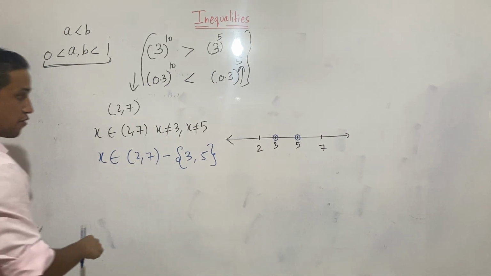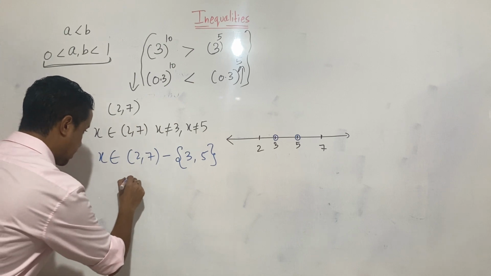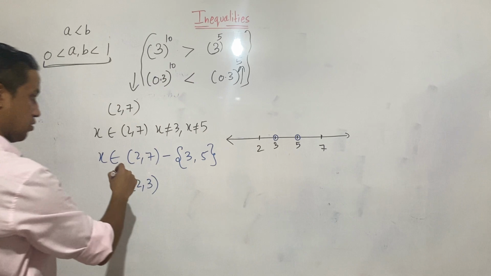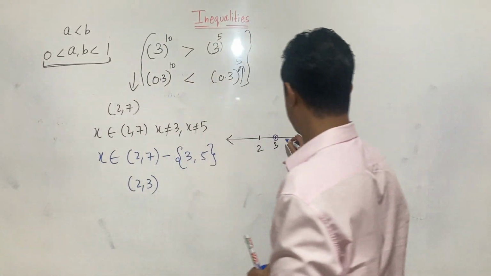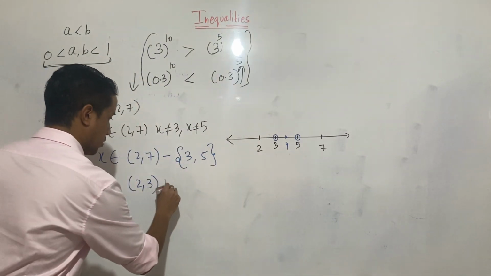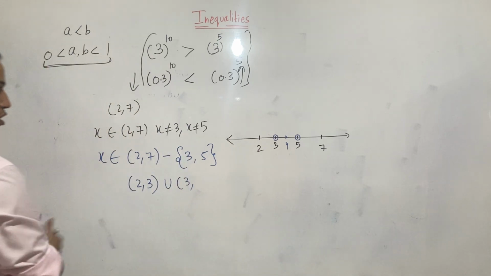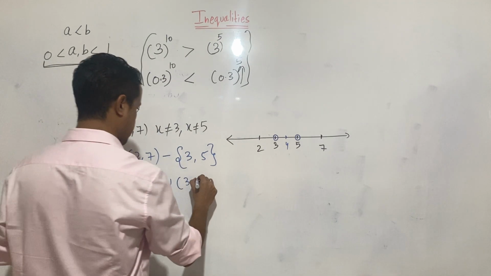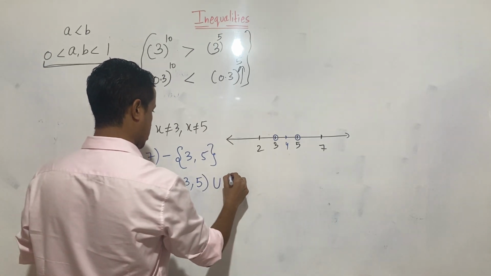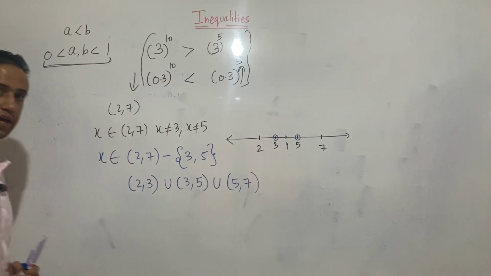So what I will get from here is 2 to 3 union 3 to 5, union 5 to 7. I hope you understand.